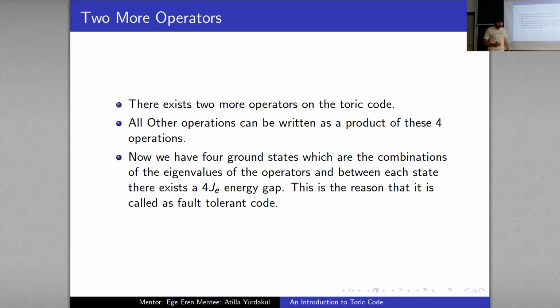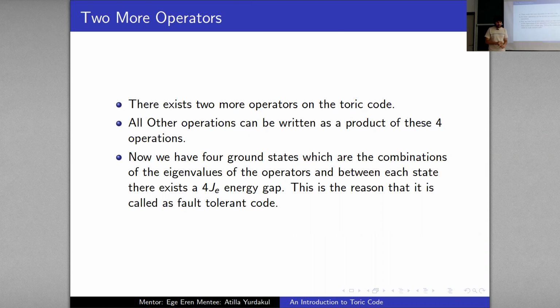But we can also see that this operator commutes with the star operator, with the A_s, since it wraps the closed hole, and when we apply the star, we will have two edges intersecting with this operator. So we will have again two minus signs, which will cancel each other. So the operator also commutes with all other operators.